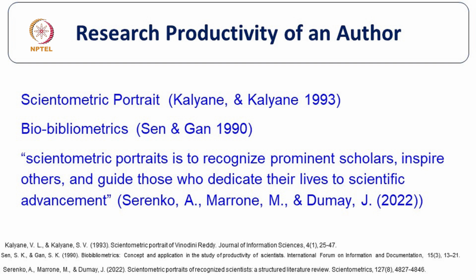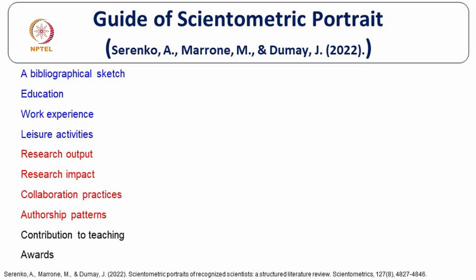A scientometric portrait is conducted to recognize prominent scholars, inspire others, and guide those who dedicate their lives to scientific advancement. Generally, the following information and points are included in the scientometric portrait of an author. This information guide was created by these three authors.